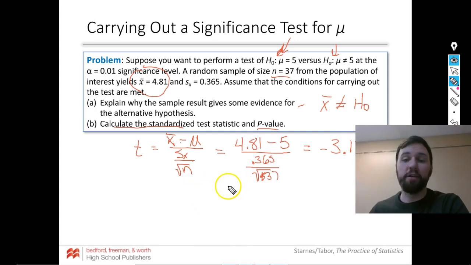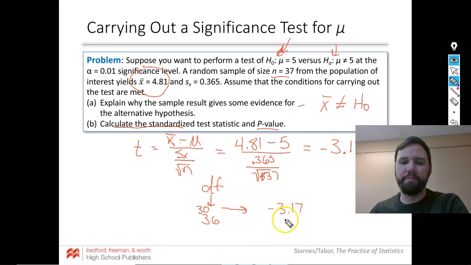Now, I could use my chart, go to my degrees of freedom, go down and find 36 or 30 depending on where you have to round, then go across until I find negative 3.17. I'm not going to do it that way. I'm going to use my calculator and do tcdf.